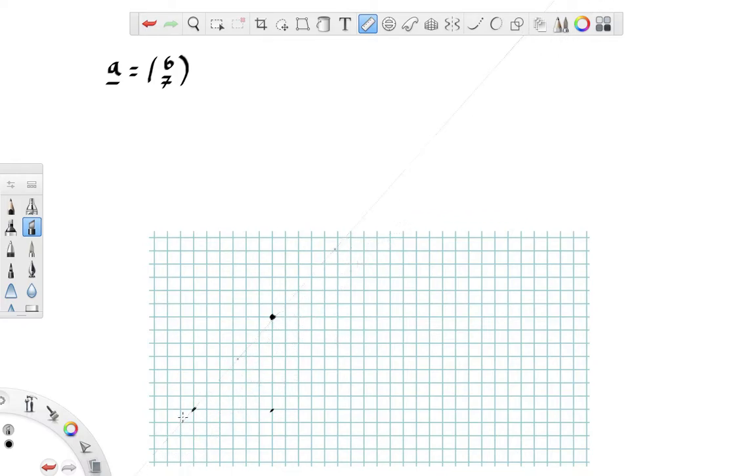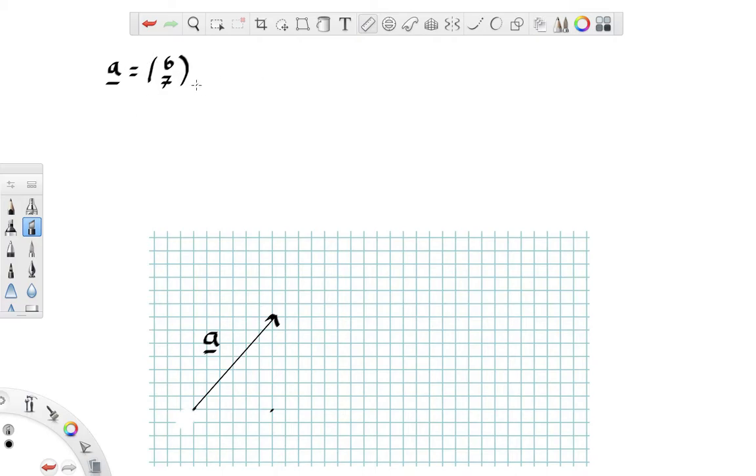So like that. So this is our vector A. So draw an arrow on top of that. So that's our vector A. What we've done there is we've just drawn the vector that we had here.